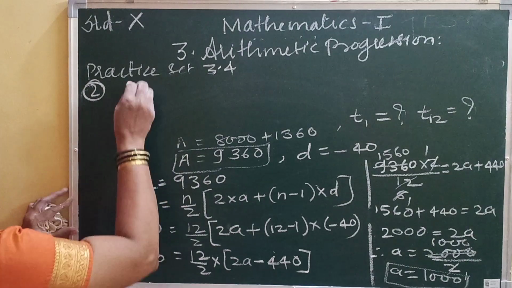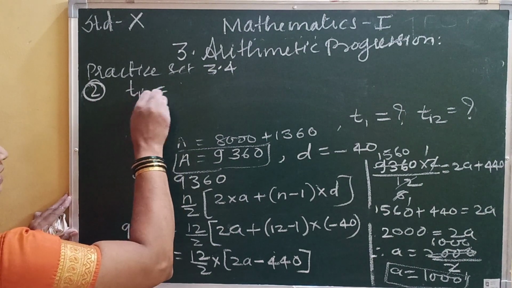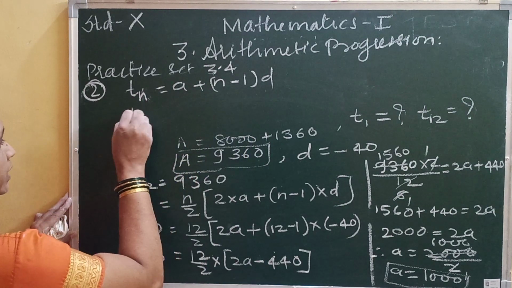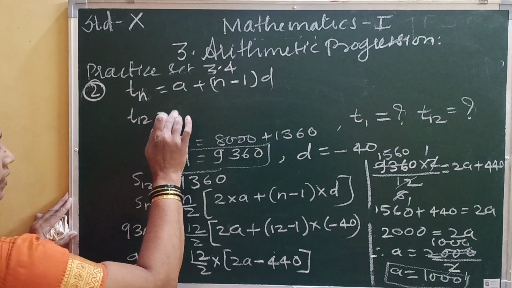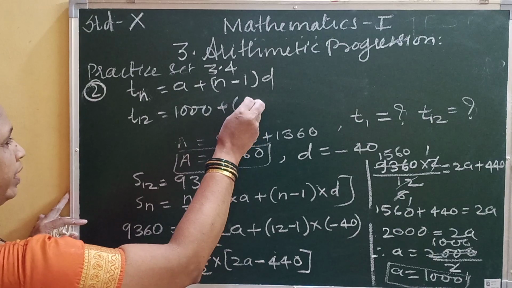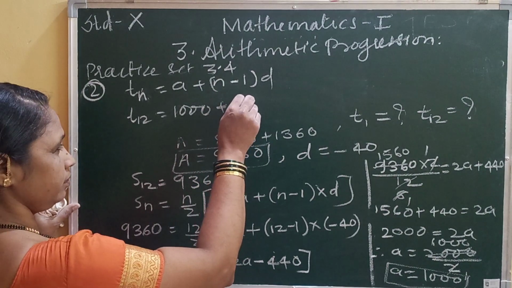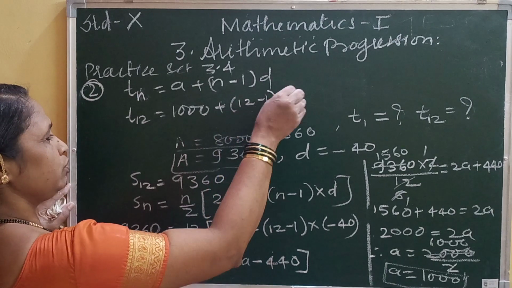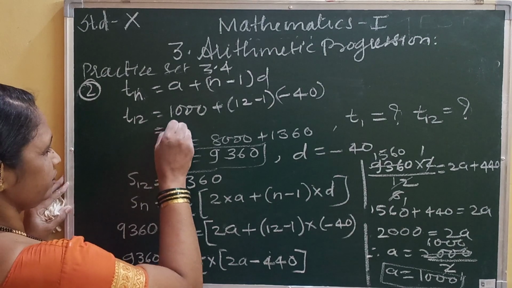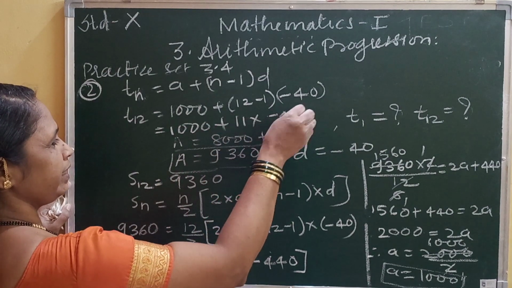T12 is equal to, using the Tn formula, A plus n minus 1 into D. So T12 is equal to A is 1000 plus n is 12, 12 minus 1 into minus 40. So 1000 plus 11 into minus 40.